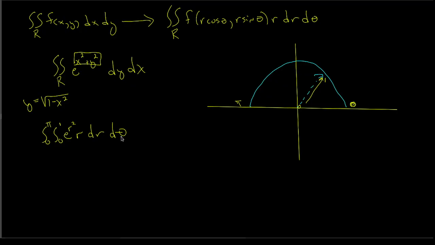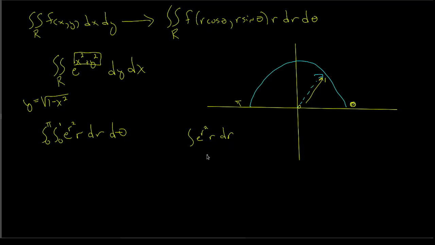And so now we can integrate e to the r squared r. If we're looking at this integration, then I guess how do we want to do this?